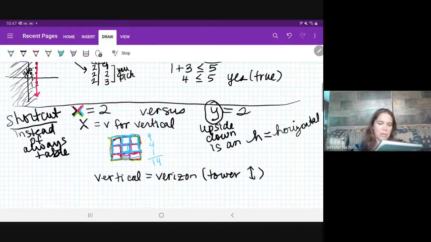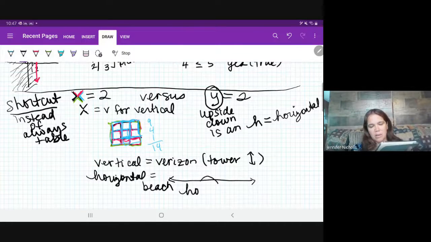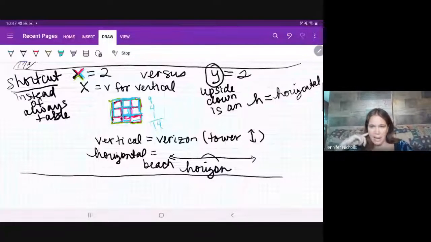And then horizontal is the beach. So when you see the beach, and then there's the sun, this is the beach. It's called a horizon. So you can go a little bit faster on the ones that are like that.